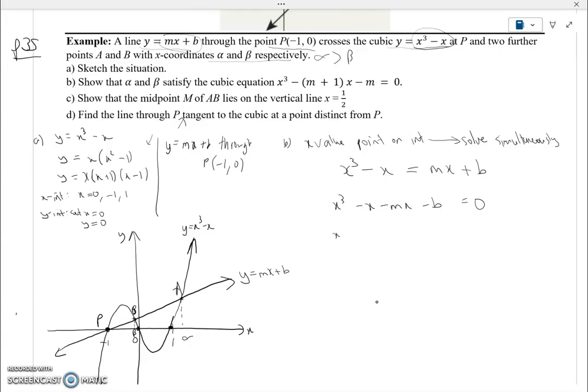Then I can factor out a negative there. That'll be x cubed minus (m plus 1)x minus b equals 0. Now, if you have a look, that's very similar. We've just got one little issue here. I've got a b here instead of an m.